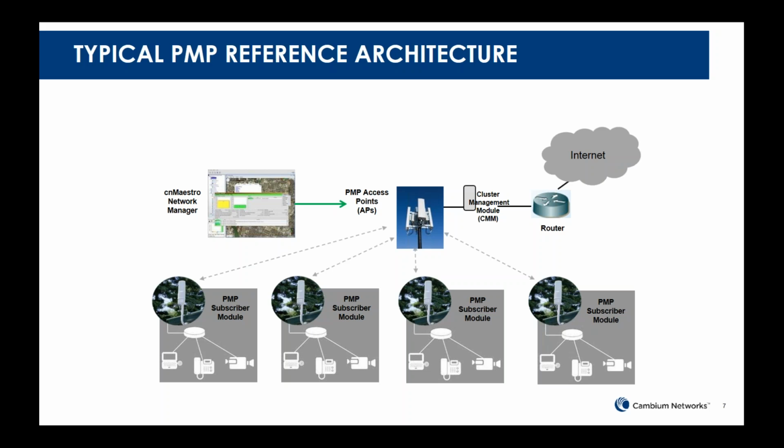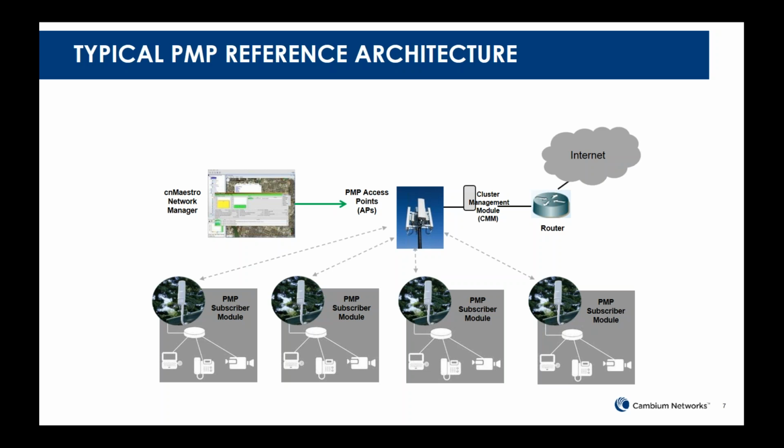And we connect into homes and businesses with subscriber modules. I describe it like a wired cable modem network, but without the wires. As long as we have a clear path back to the access point, we can deliver voice, video, and data in an IP stream to these devices.